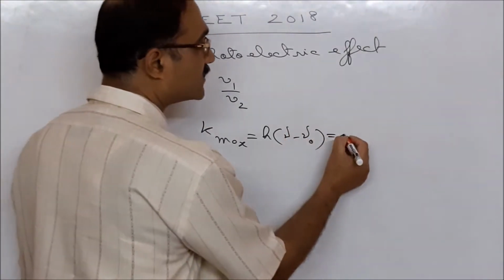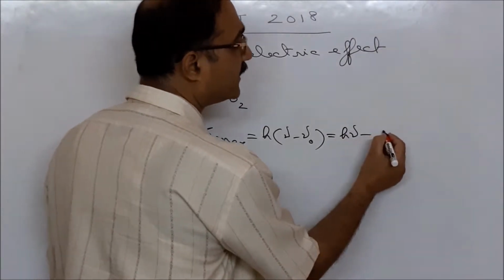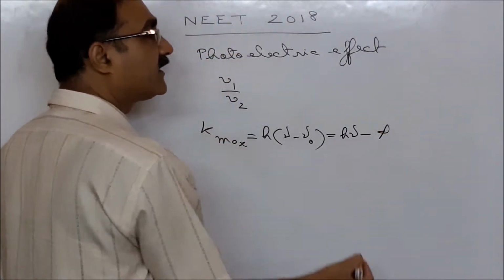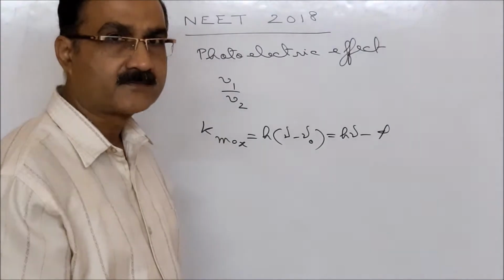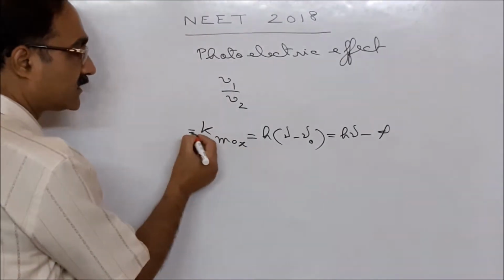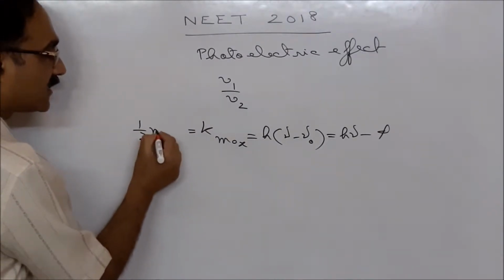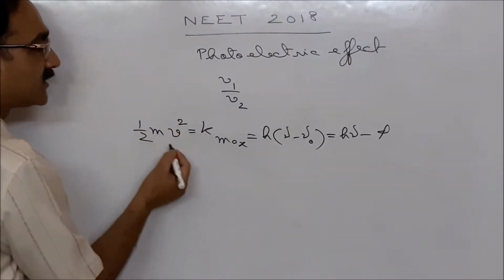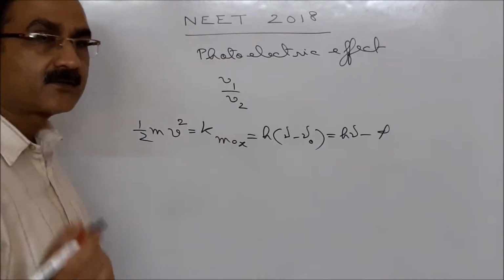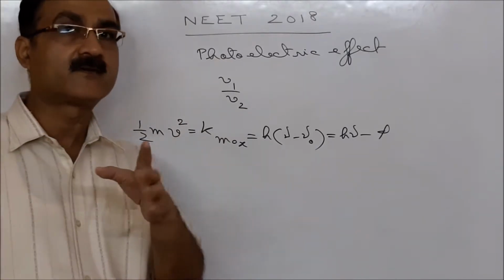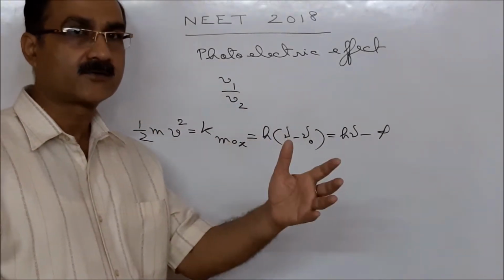Or this is h nu minus phi, where phi is the work function. And on this side, Kmax, that is maximum kinetic energy, is half m v square, where m is the mass of the electron and v is the maximum velocity of the emitted electron.